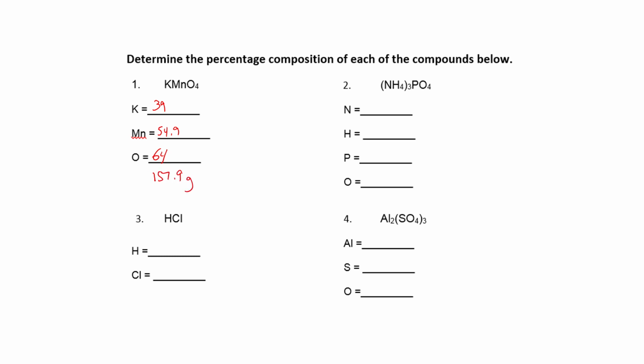Now, if we want to get the mass percent of each one of these, we would just divide the total mass of that part divided by the total of the whole compound. So 39 divided by 157.9 times 100% gives us 24.7%.